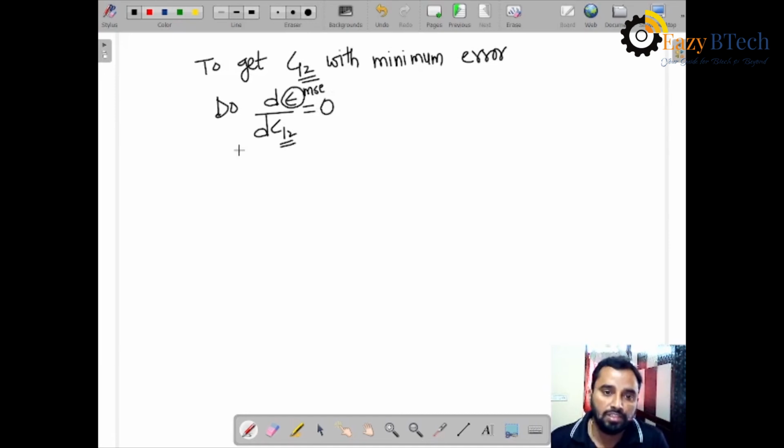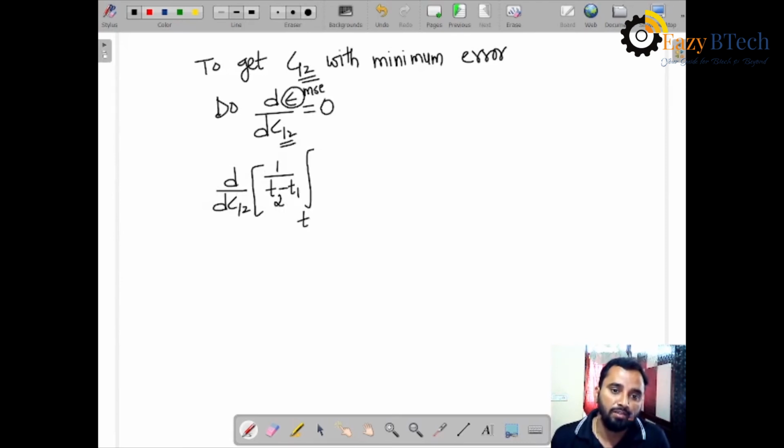Which is equal to d by dc12 of mean square error, which is 1 by t2 minus t1 integral t1 to t2 of x1 of t minus c12 x2 of t, whole square dt.